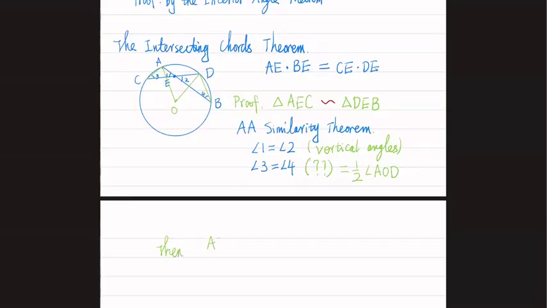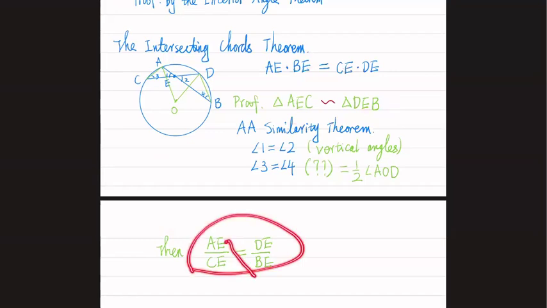AE over CE equals DE over BE. Similar triangles, the corresponding sides AE, DE, CE, BE have the same ratio. With a cross multiplication, we get our formula.